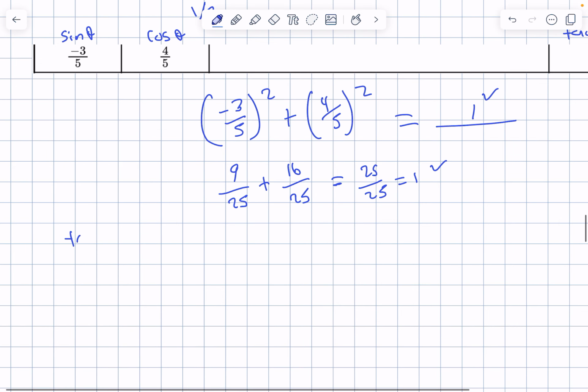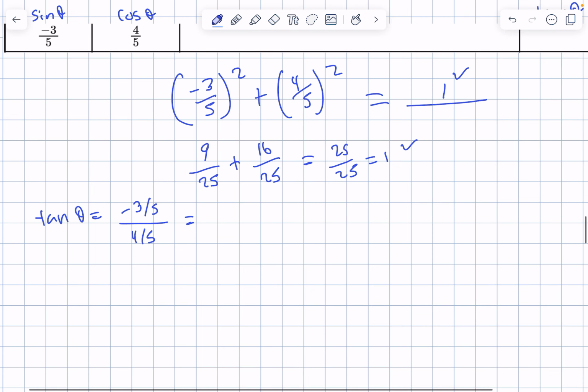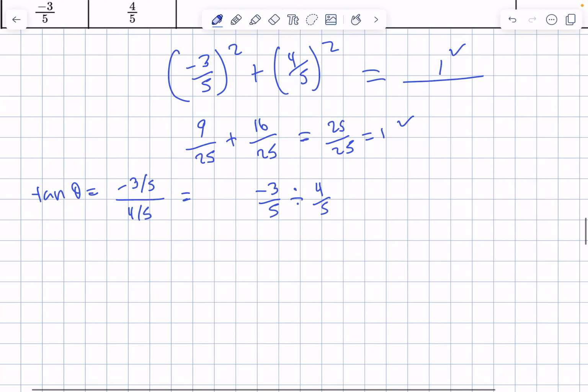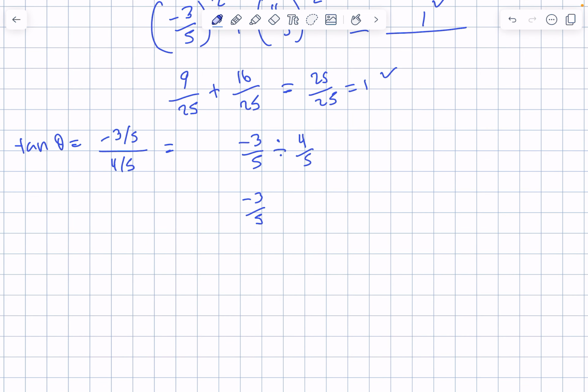And then tangent of theta. Tangent of theta is going to be equal to negative 3/5 all over 4/5. Can't forget how to divide fractions. So negative 3/5 divided by 4/5. Remember, change the sign, flip the fraction. The 5s go away, negative 3/4.